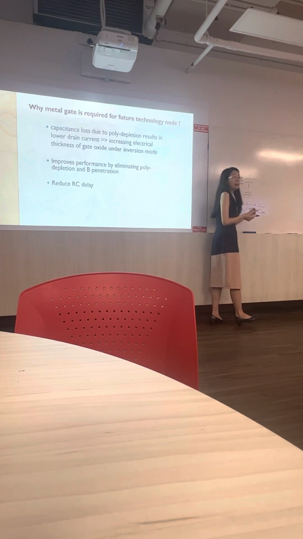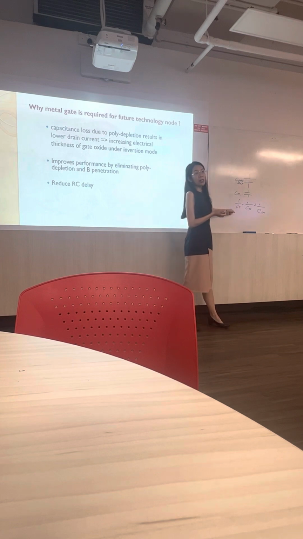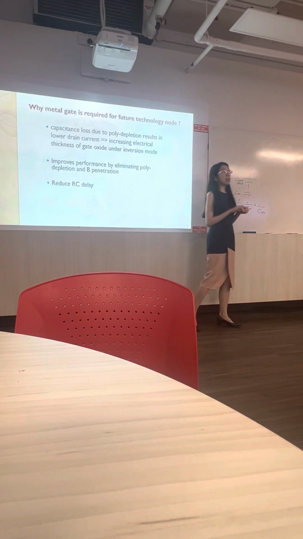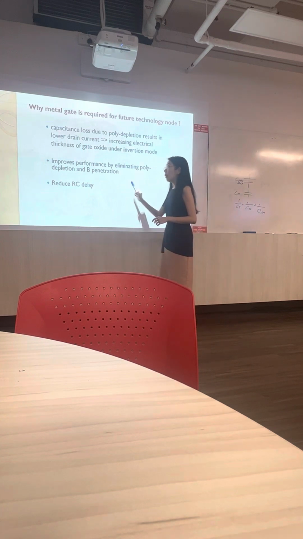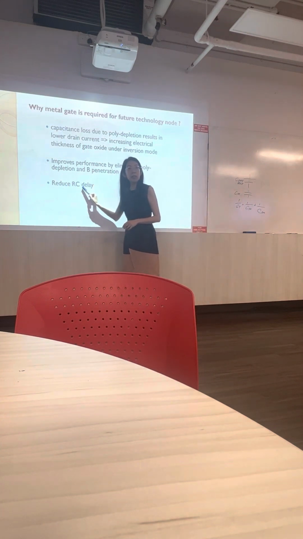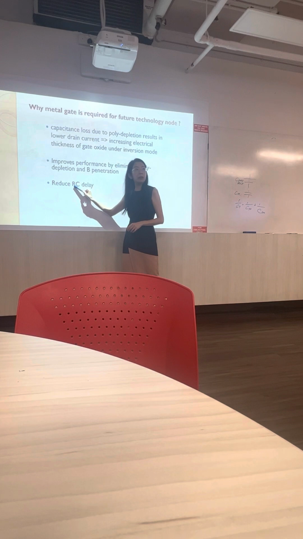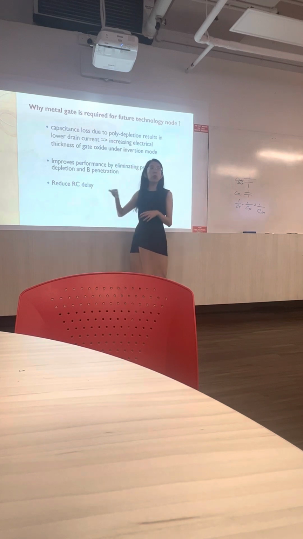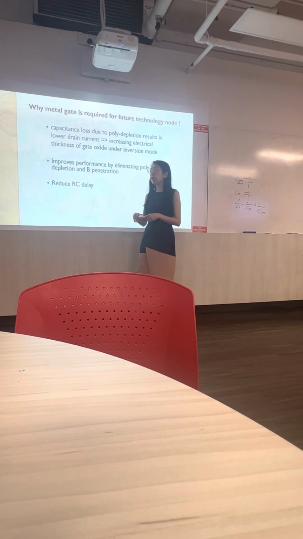Is that correct? Yeah. So please consider this poly depletion issue as it scales down. And a metal gate also helps to reduce the RC because the resistance for metal is small. The R is definitely small, so it helps to eliminate or reduce any RC limit.